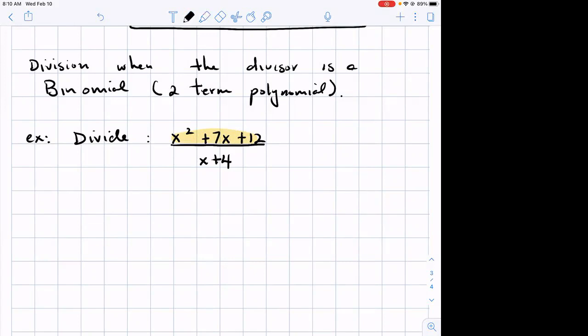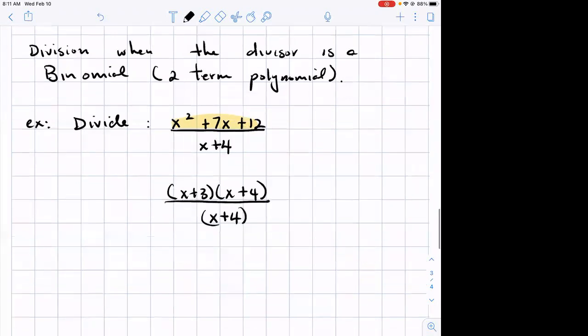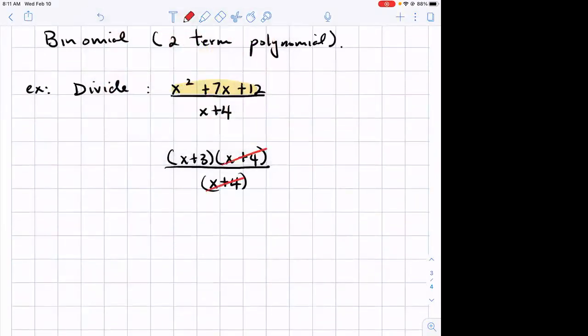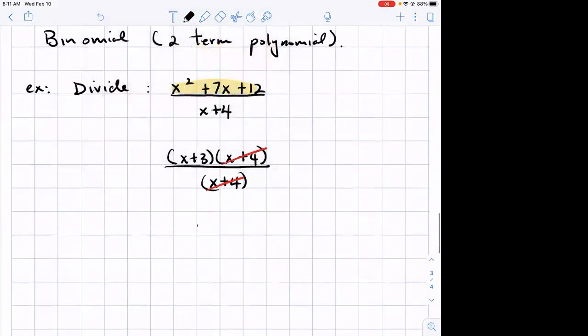You will see that if you factor this example, it becomes x plus 3 times x plus 4. And if you divide that by x plus 4, now notice as when we did division, when we have the like terms, this term will cancel out with that term. So we have as our final result x plus 3. And here is our final answer.